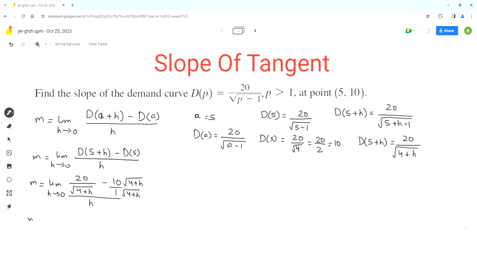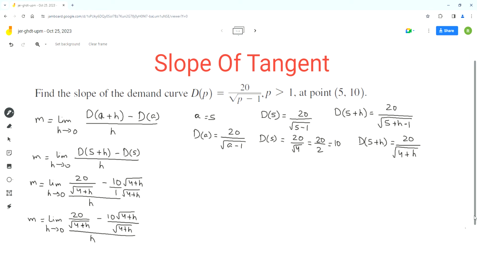So our expression becomes m equals limit h approaches 0, 20 over square root of 4 plus h minus 10 square root of 4 plus h over square root of 4 plus h over h.